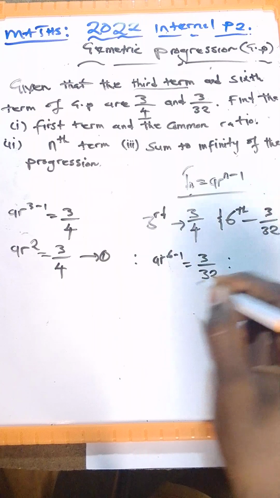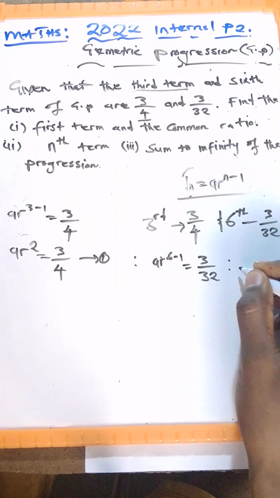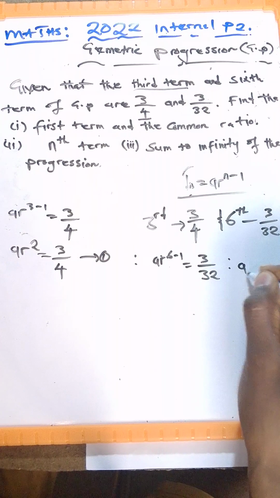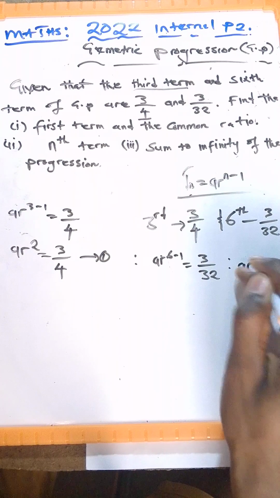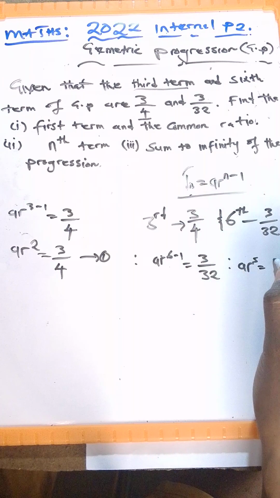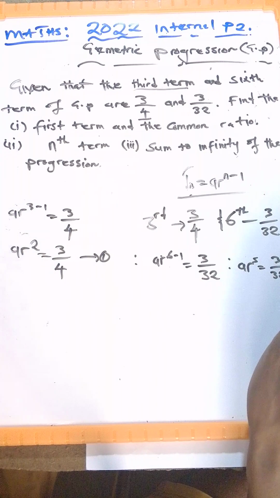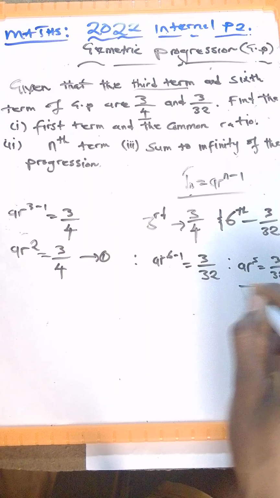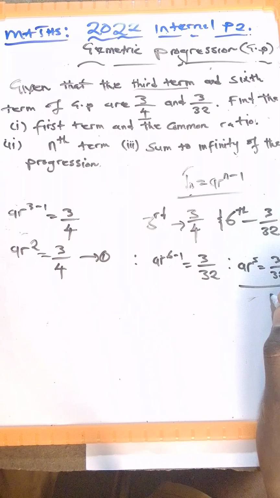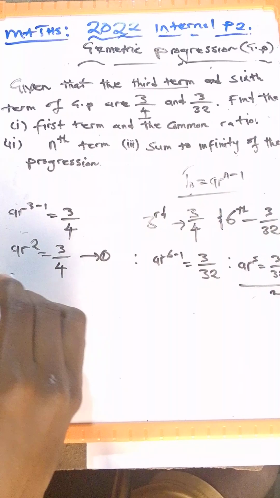If you simplify, you find that you're going to get ar to the power 5 is equal to 3 over 32. So this is our second equation. So we have this first equation, and then we also have this second equation.